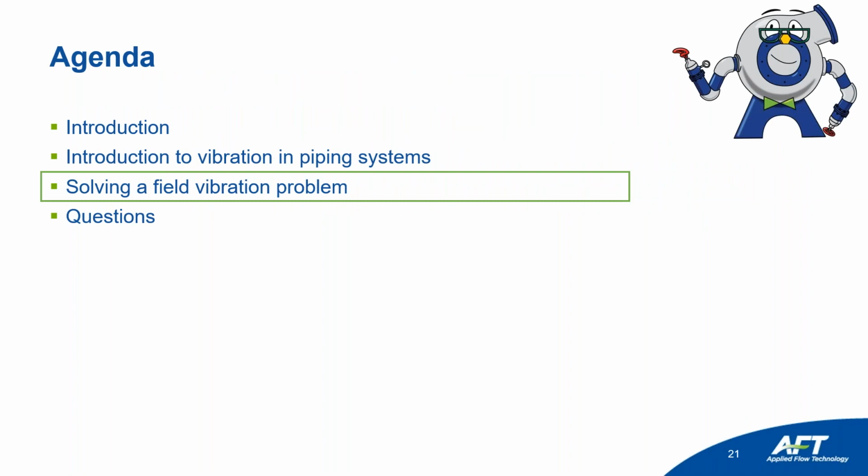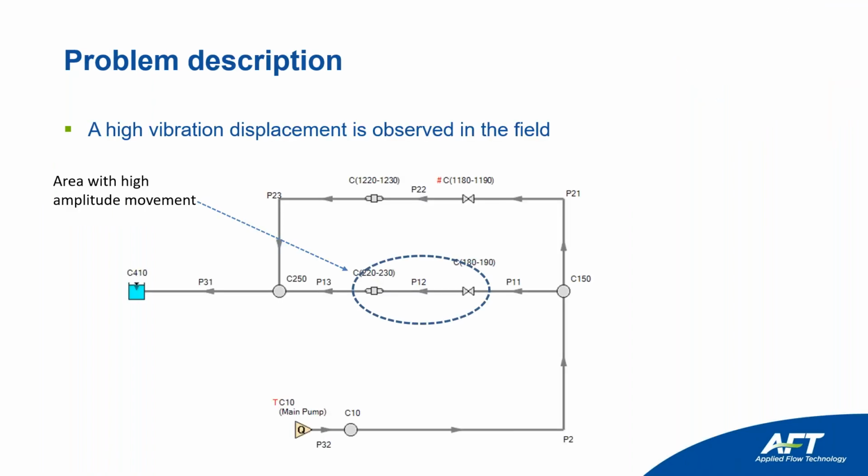So let's see how we approach solving a field vibration problem. In this example, we have high vibration. We have a pump, and we experience high vibration in pipe 12.